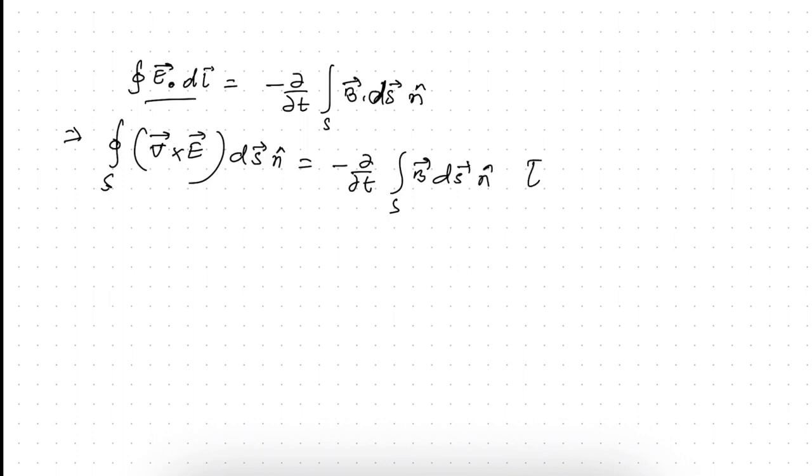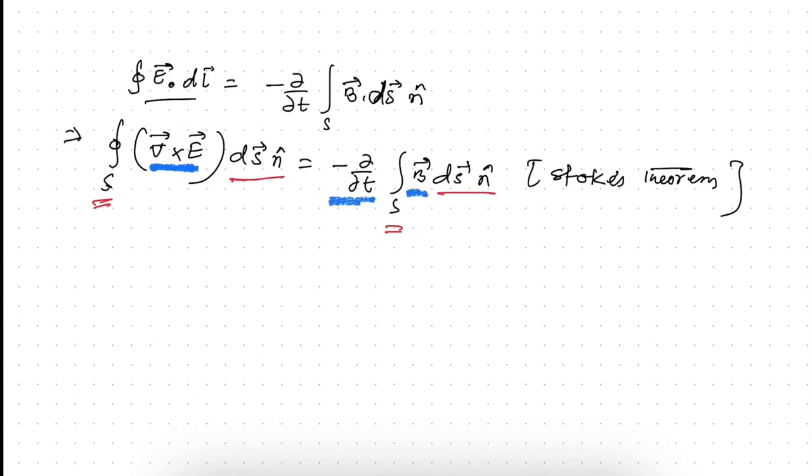So here we have applied Stokes theorem, right? Stokes theorem. So here you can see this is also surface integral, this is also surface integral, right? So now if you compare the left hand side and right hand side, curl of E will be equal to negative partial derivative of B with respect to time t.